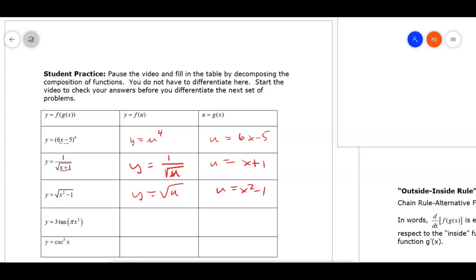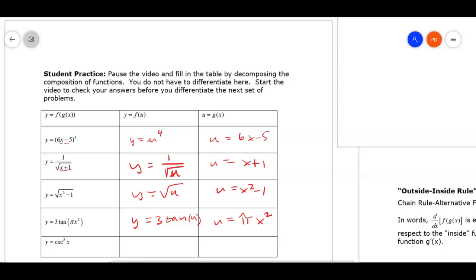This is, I'm going to say the function inside is pi, which is just a number, times x squared. y is 3 times the tangent of u, once I define u that way. So if I replace u there, I'll have back my original. So I know how to take 3 times the derivative of 3 times something. It's just 3 times the derivative of tangent, which is what I'll do there when I do take derivatives.